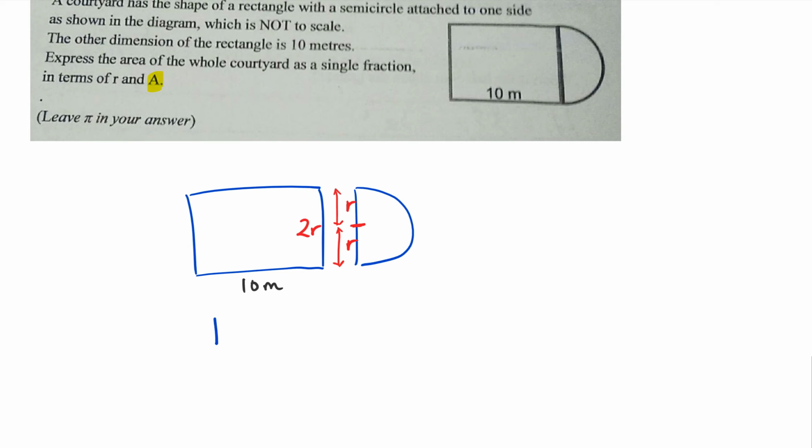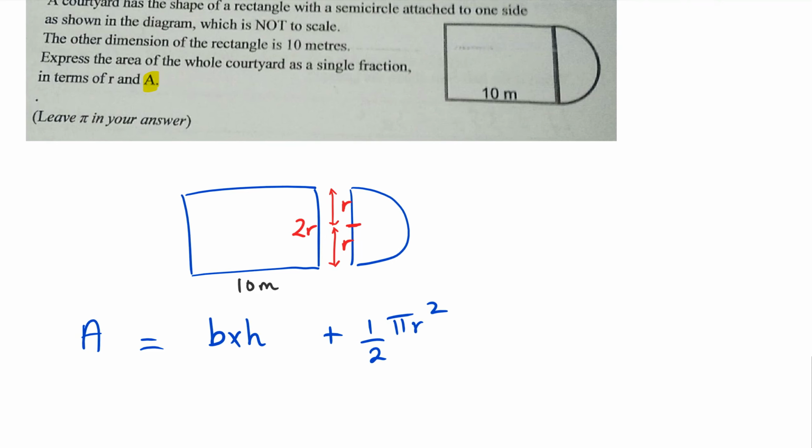All right, so once we do that, we can work out the area of the two shapes. The area of the rectangle is base times height, plus the area of the semicircle, which is half times pi r squared. So we can say total area is equal to b times h for the rectangle, and then half of pi r squared for the area of the circle.